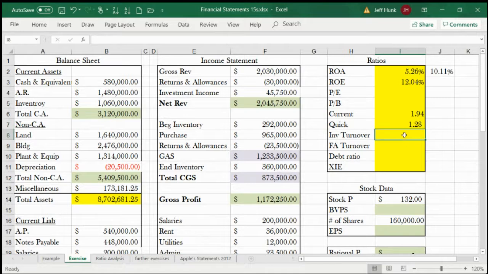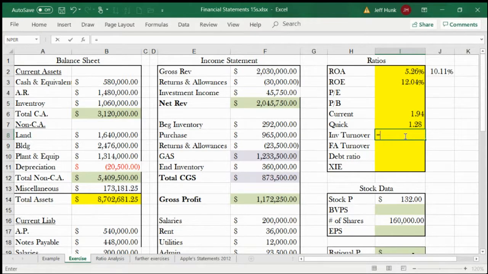Okay. Now, inventory turnover ratio, right? So inventory turnover ratio is what for a retail business? Even for a retail business, the preferred method is the manufacturer's method.